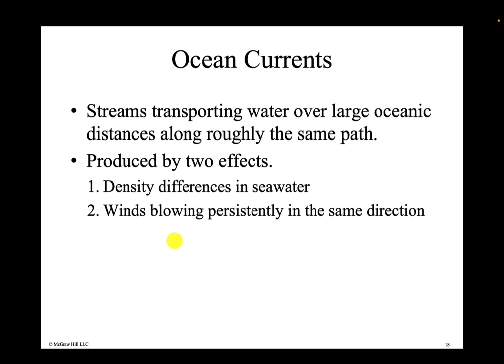The same thing happens with the water. The cold water is denser, so it sinks underneath the hot water, pushing the hot water forward. And then we also have winds blowing in the same direction, and those winds are caused by those big convective cells that we studied before.